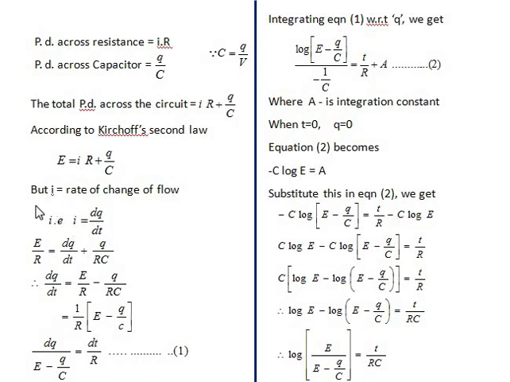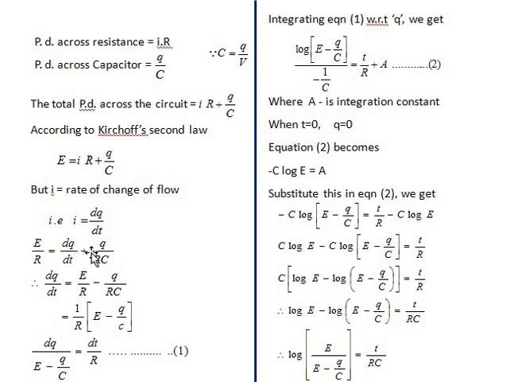So I is equal to dq divided by dt, where q is the charge for a time interval t. Substituting this in the above equation, E is equal to R dq by dt plus q divided by C; dividing the equation by R, E divided by R is equal to dq divided by dt plus q divided by R into C.